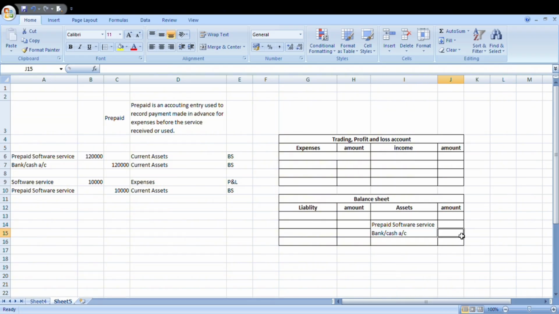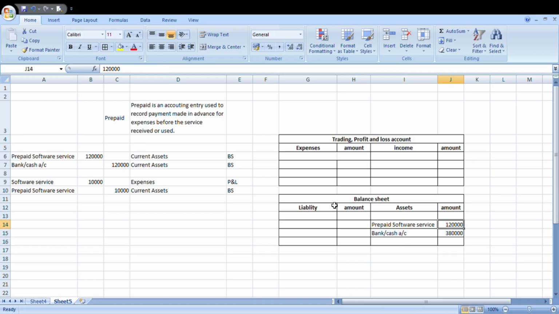For example, in our bank account we have 5 lakh. In that we paid a 1 year software service, that is 1,20,000. So bank value will be decreased by 1,20,000. This is the first entry, and this is how it affects the balance sheet once we make the payment.